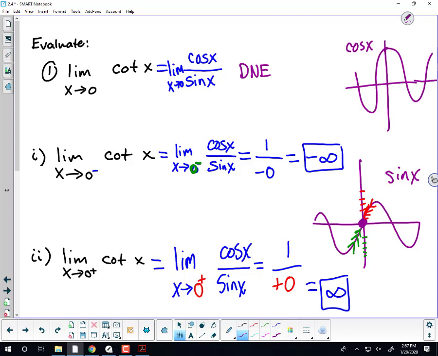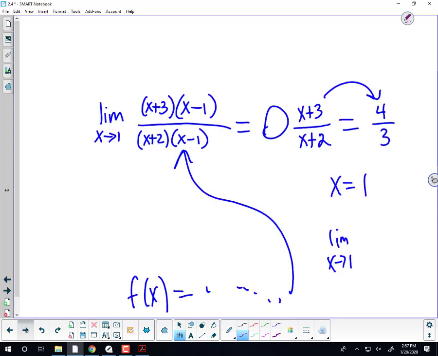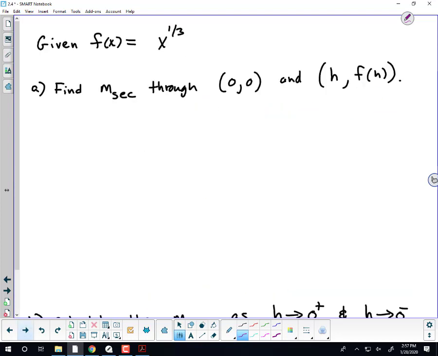All right, then, one last thing we're going to mention in this section is this example here. We're given the function x to the 1/3.